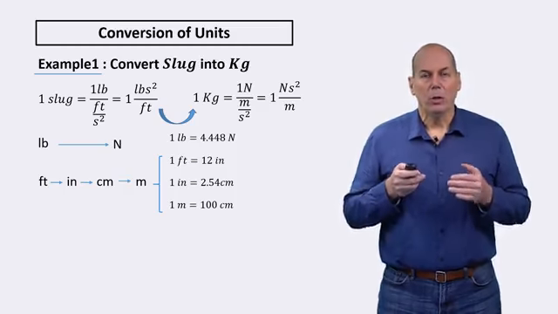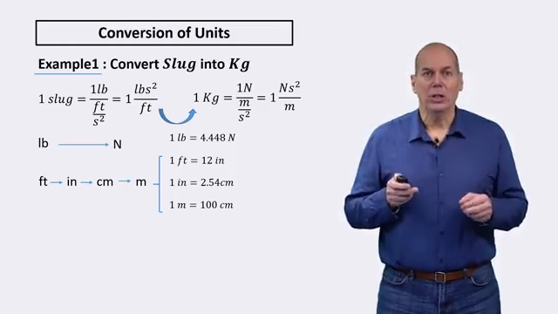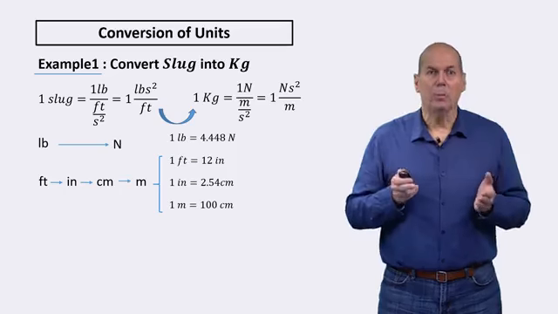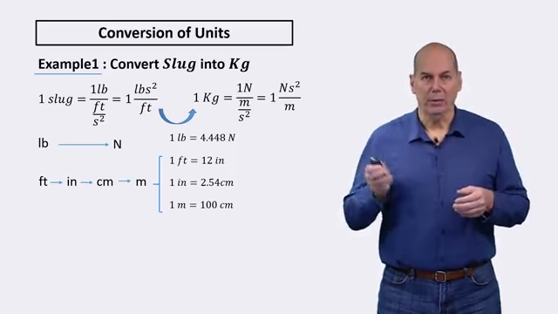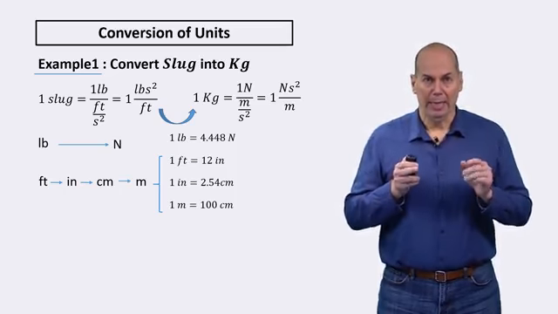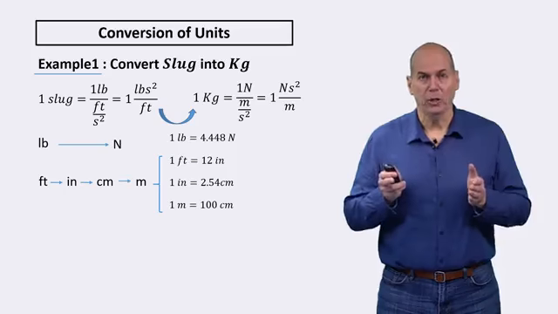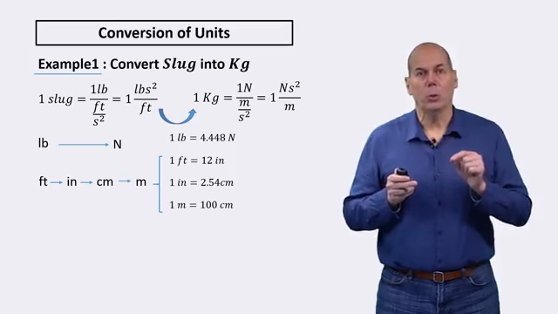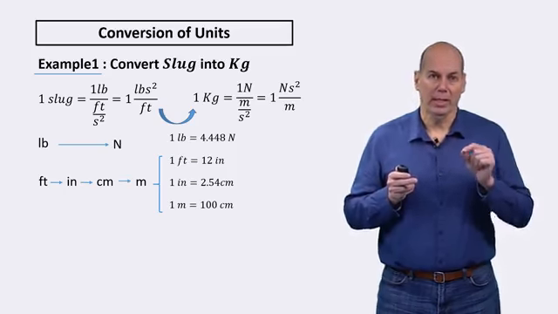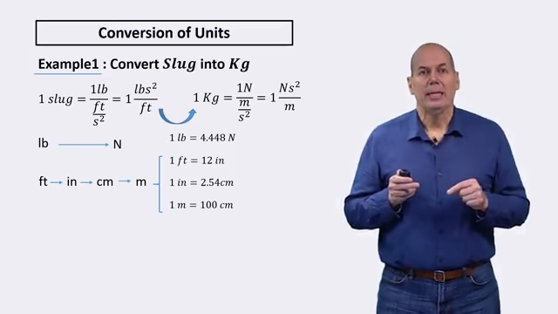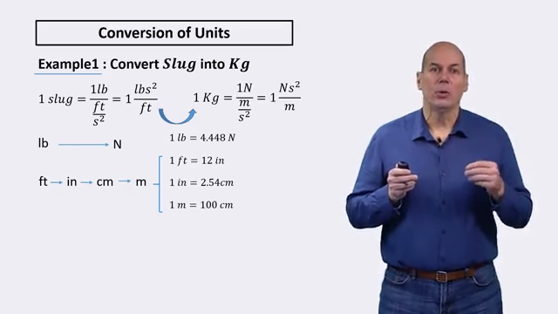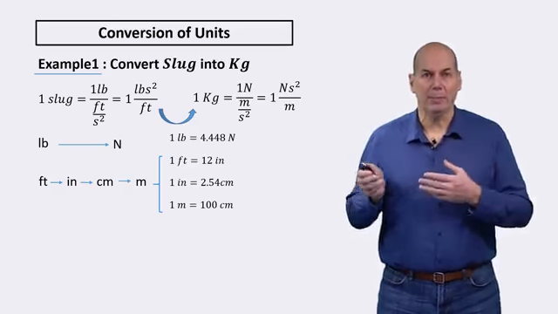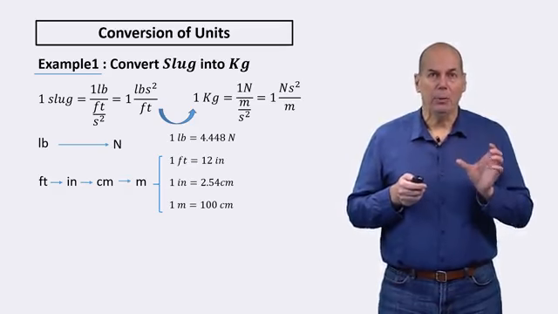Now, we are going to use these expressions to transform the expression of units from the first to the second. We do that by performing a series of multiplications with factors which are equal to 1 and therefore do not alter the result. And the objective each time is to eliminate units that we do not want to see in the final expression. So let's see how we do that.